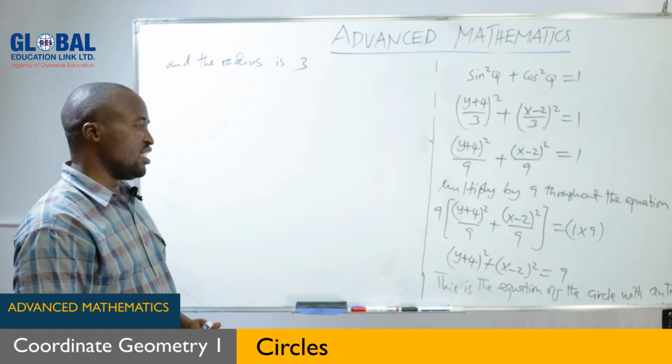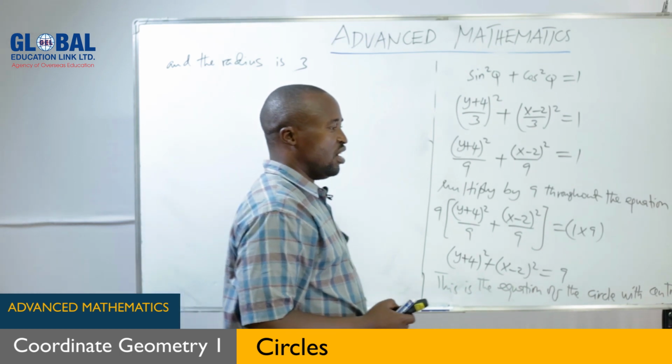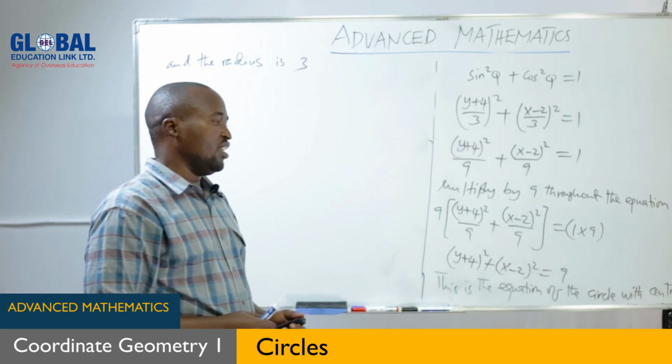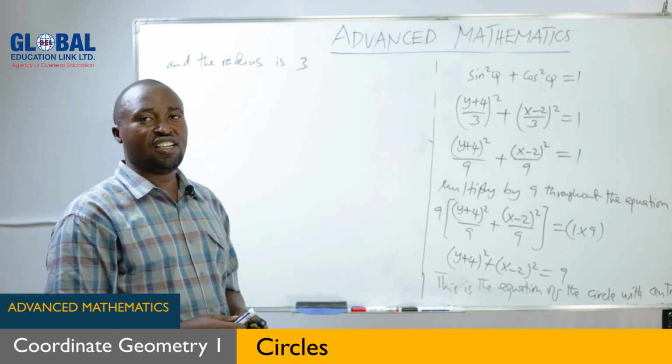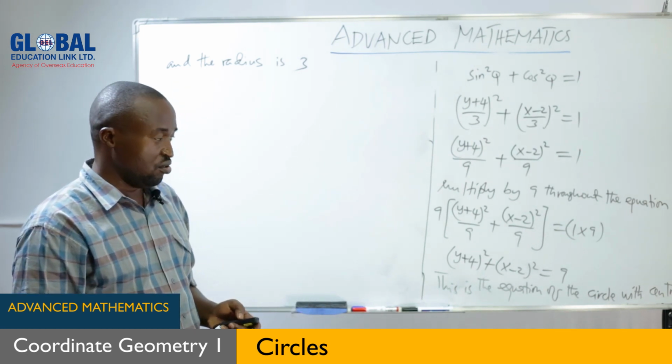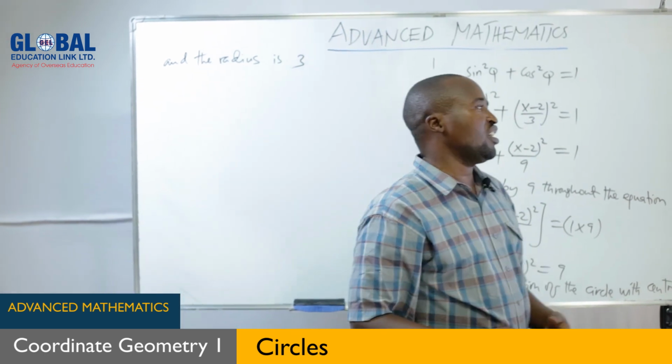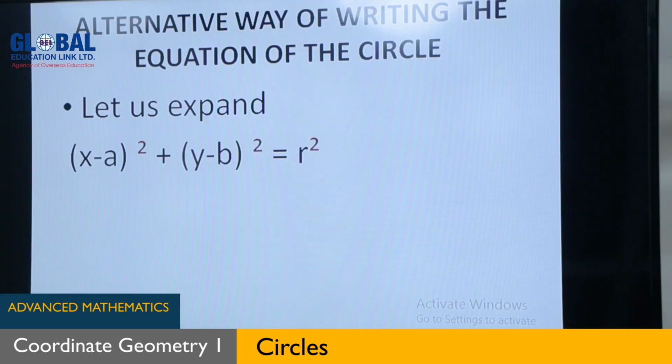So my dear student, that is how to show such kind of equation, that the given coordinates can represent a circle. So let us proceed with an alternative way of writing the equation of a circle.